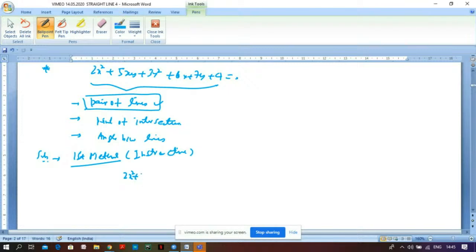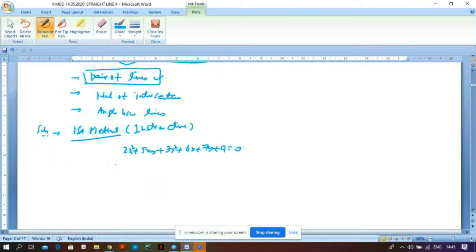So you write 2x squared plus 5xy plus 3y squared plus 6x plus 7y plus 4 equals 0. Now arrange it as a quadratic in x or y, whatever you like, depending on coefficients. I choose x here.